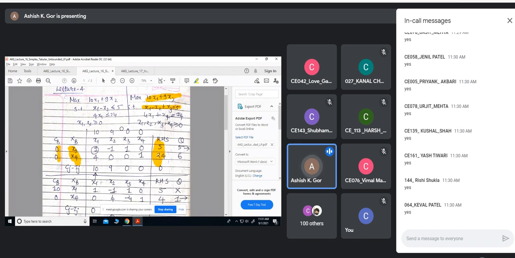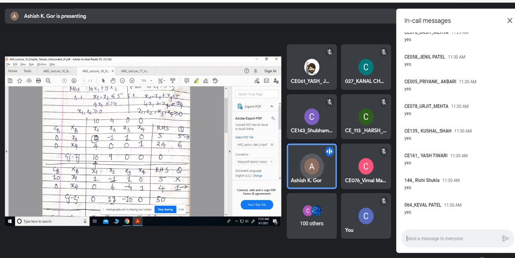Now see carefully. This is very important. Tabular method. Write 1, minus 1, 1, 0 from the first constraint equal to 5. 4, 0, 0, 1 equal to 24. Coefficients are 0. Now do Cj minus Zj directly.